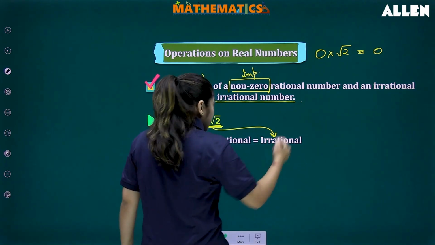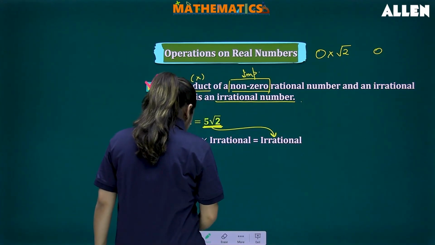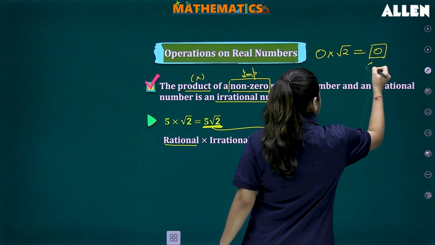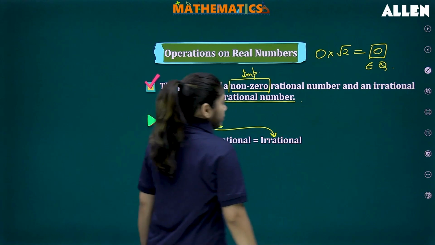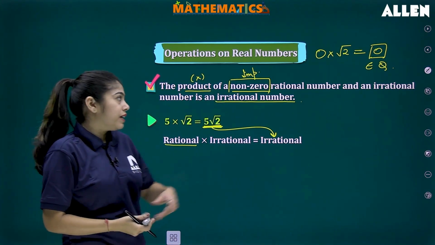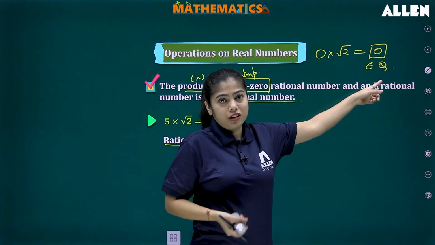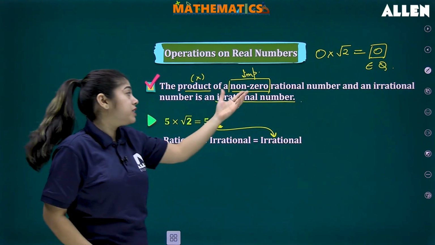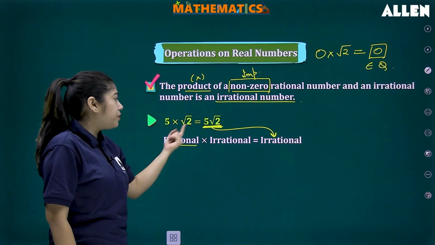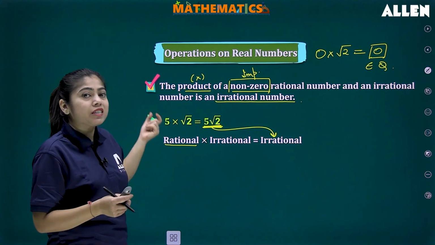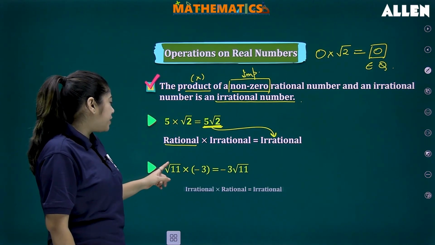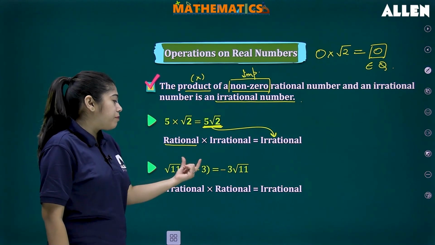And what kind of number have we got in the product? It is rational. So 0 into root 2 will give us 0, and the answer 0 belongs to rational numbers, right? So that is why it is very important to write that we will always take non-zero rational numbers, right?